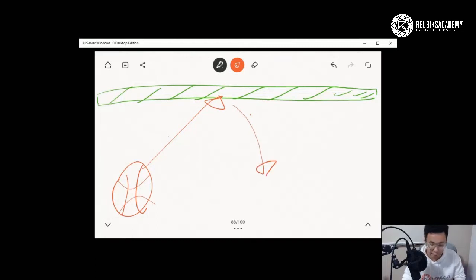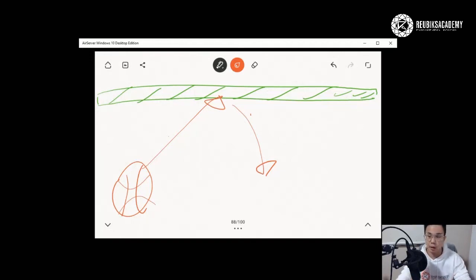So a resistance is like a price zone which prices find it hard to break through to the upside. That is what we call a resistance zone. So take note, there is a support zone, there is a resistance zone.